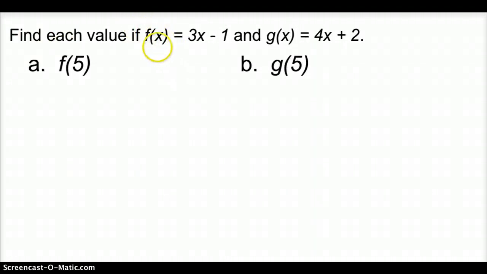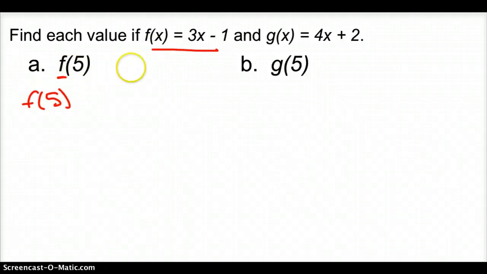So let's try some function notation. Here, our f of x function is given to us as 3x minus 1, and our g of x function is given as 4x plus 2. So let's go ahead and try to solve for a. Now, when we are given this f out in front, that means I have to use the f of x function. Well, since it says f of 5, I'm just going to go ahead and write it like this. If you don't want to put that 5 in there, that's completely fine. You don't have to.